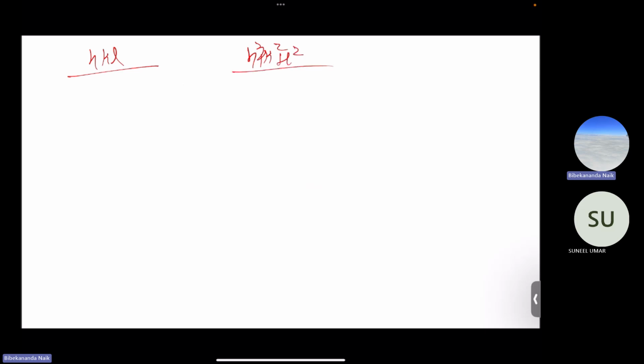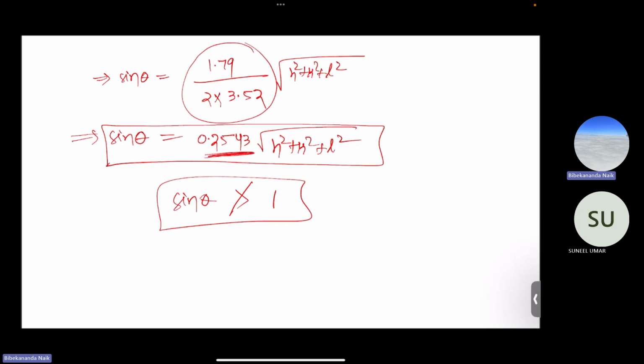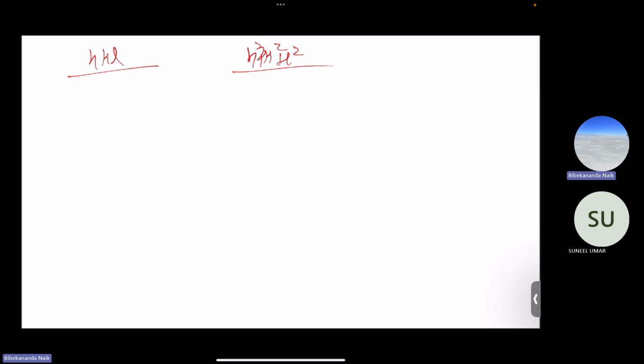We need this value so that when we multiply, it gives us the sine theta value, and this should not exceed 1, because if it exceeds 1, then there will be no peaks. Only the planes satisfying sine theta less than 1 will give you a peak. So the first member of the group will be 1, 1, 1, because all are odd.